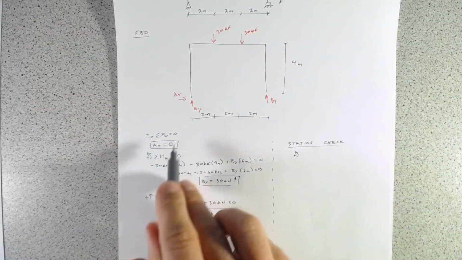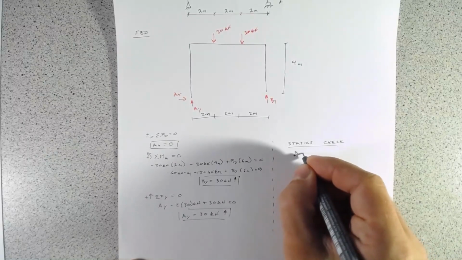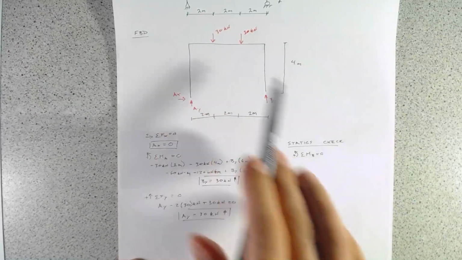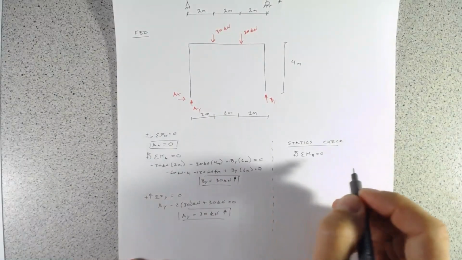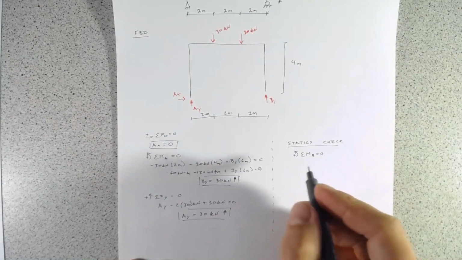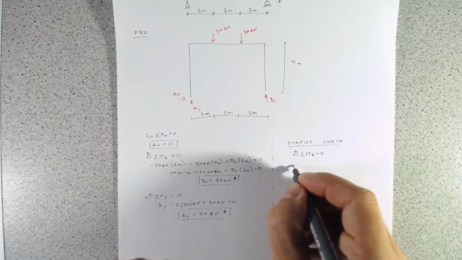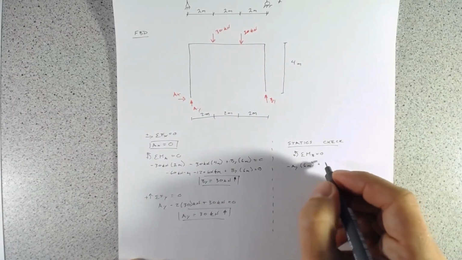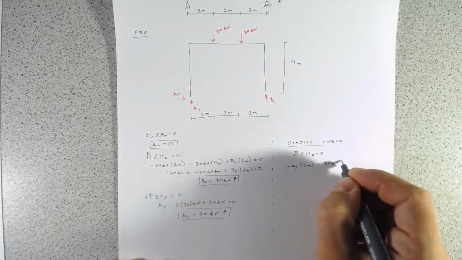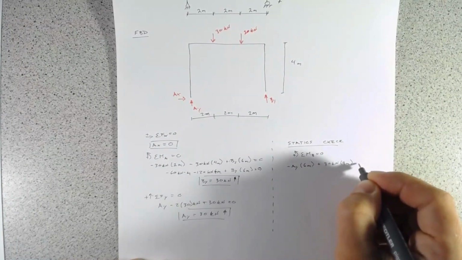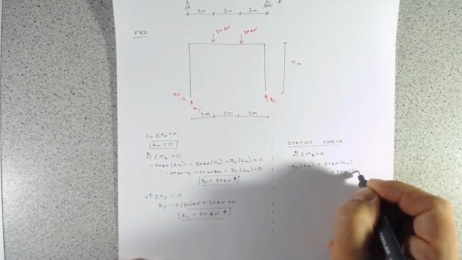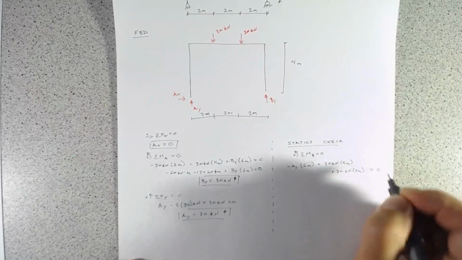So for our statics check, we sum moments about B, and that has to equal 0. If 0 equals 0, so basically if all of these elements are in equilibrium, then we know that we've done our statics correctly. So we have minus AY times 6 meters plus 30 kilonewtons times 4 meters, then plus another 30 kilonewtons times 2 meters away, and all of that has to equal 0.